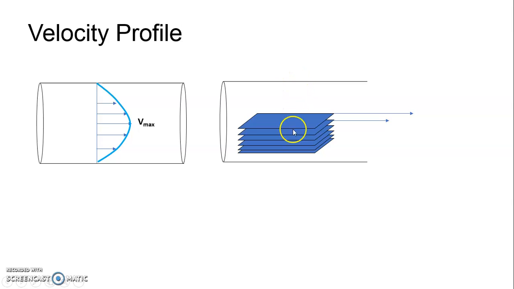Now, if I try to draw the fashion in which the velocity is varying, this is the velocity u, and on the other layer, it is slightly more. So, how do we quantify that slightness? It is in terms of du, and these two layers are separated by a very microscopic distance, that is dy.